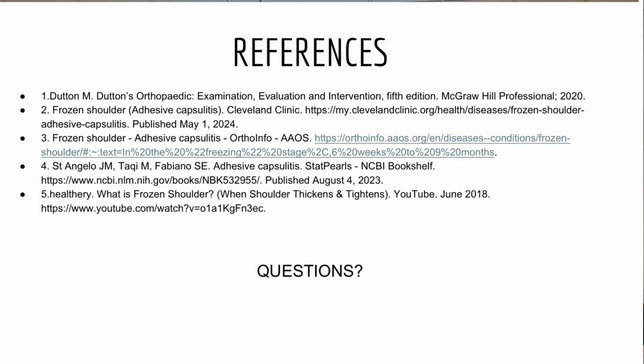Any more questions? I do. Yes, ma'am. This is more of an opinion question because, like they said, they don't have any real understanding of what it's caused by. But why do you think people with diabetes are more likely to get frozen shoulder? I would think stroke victims, because they're not able to actually move it.